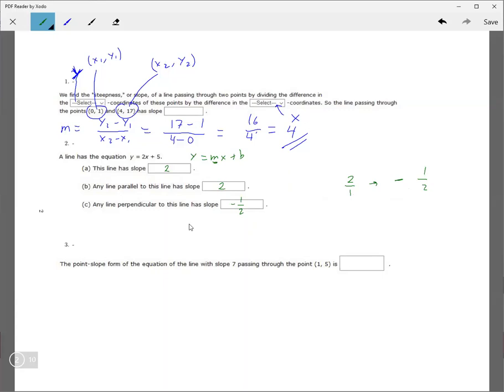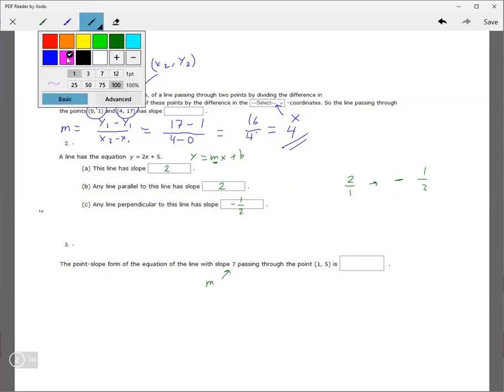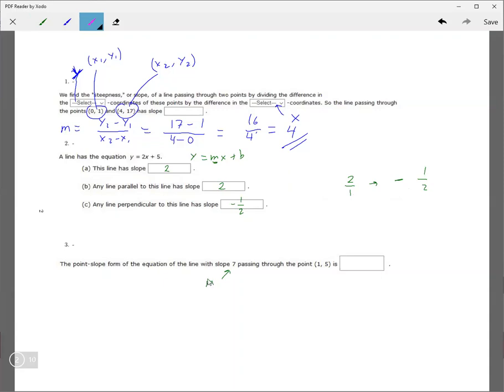That's the second one. Then the third one deals with the point slope form of the equation. So here, the slope is 7, and it goes through that point right there. Here's the form right here: y minus y0 equals the slope times x minus x0.